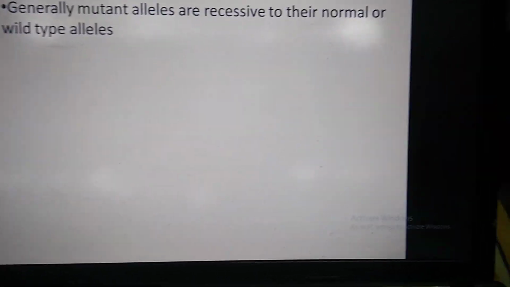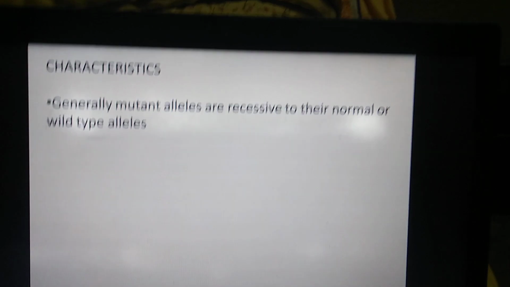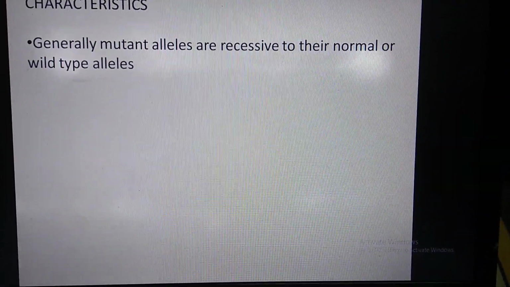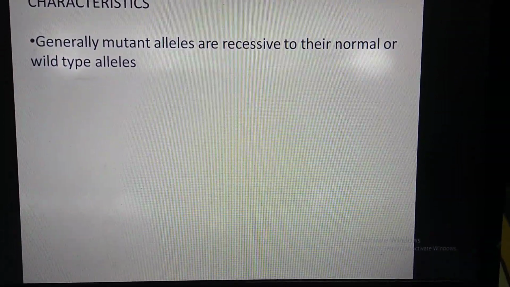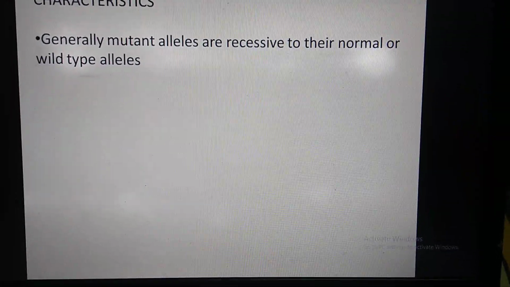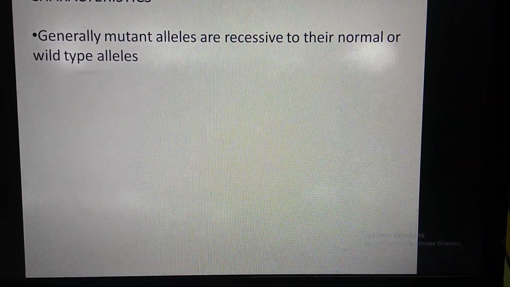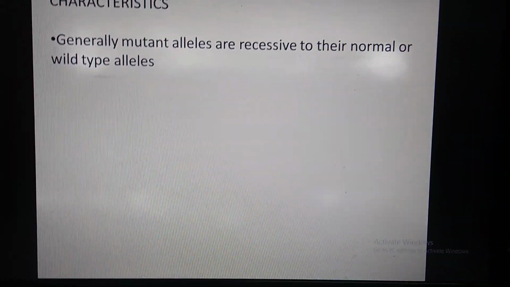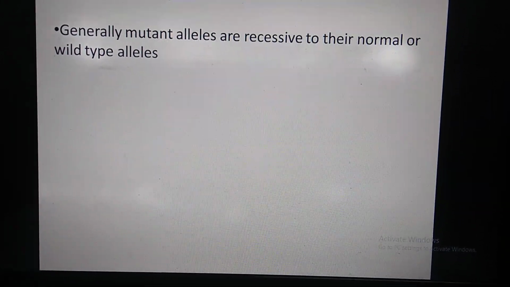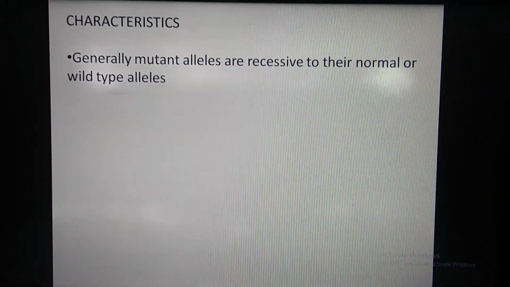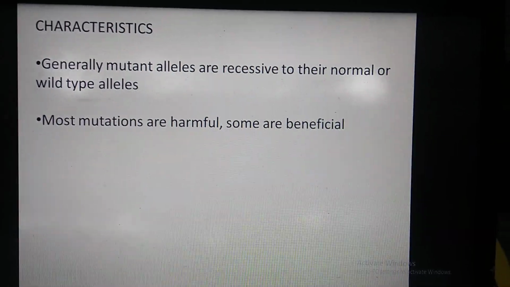So, what are the characteristics of mutation? When we study mutation, there are some things we have to remember. Generally, the mutant alleles are recessive to their normal or wild type alleles. Suppose in human beings, we have two alleles, one from my father and another from our mother.